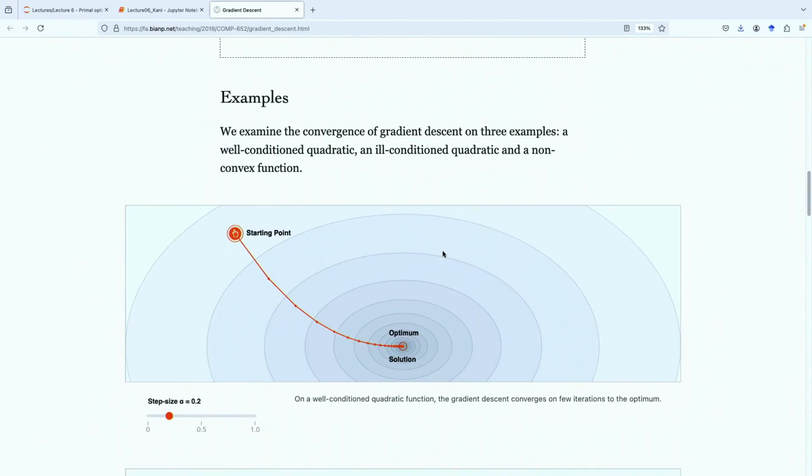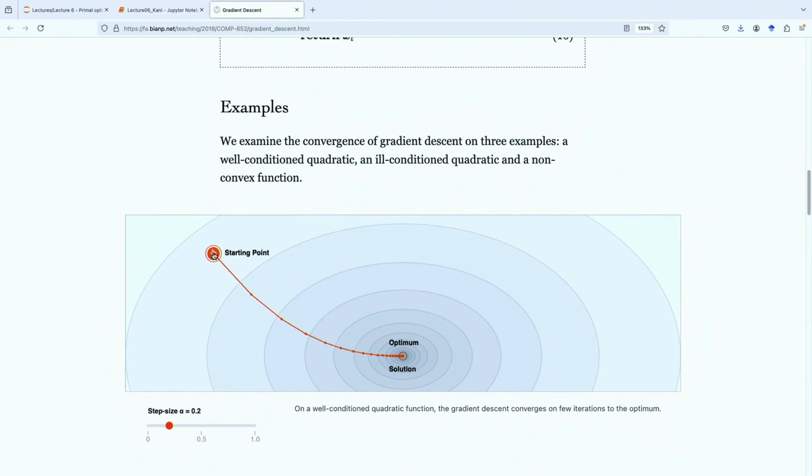He wrote this nice little JavaScript viewer. If we have a function like so, this is a convex function, and it is nice because it is relatively circular. It is relatively equal along both dimensions.